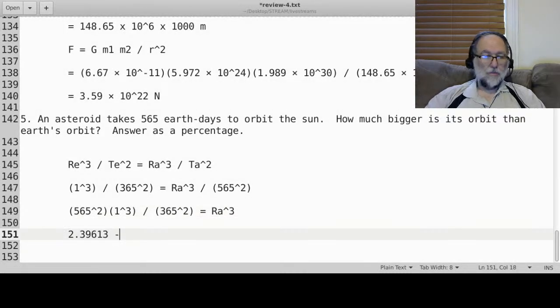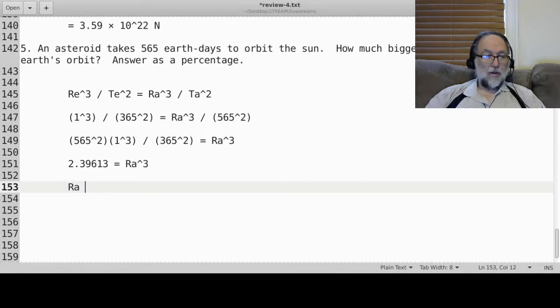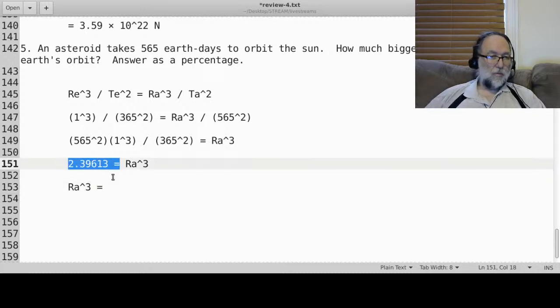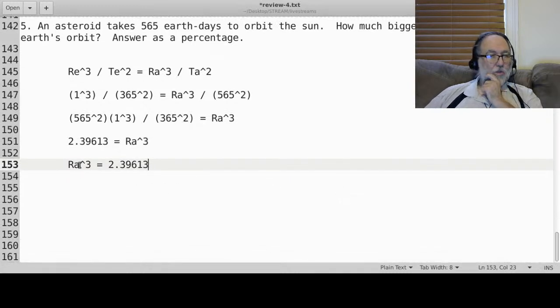Okay, so that's equal to RA cubed. And so I guess you have to know how to do cube roots. So RA here is equal to, let me write it like this here. All I did was just turn it around. So if RA cubed is equal to that, then you can take the cube out of here and raise this side to the 1/3 power.